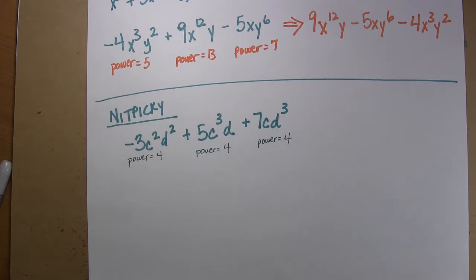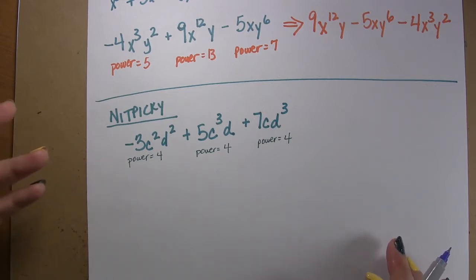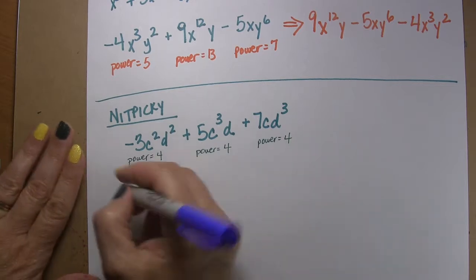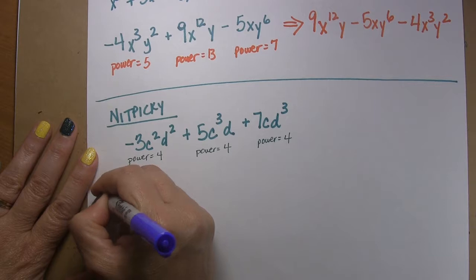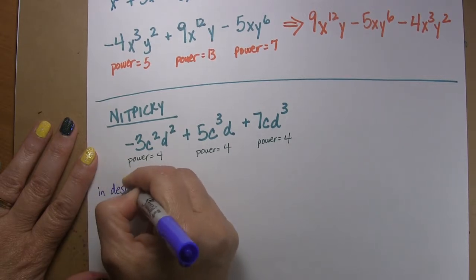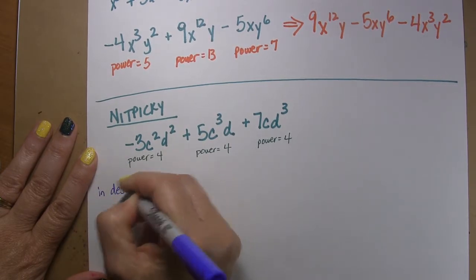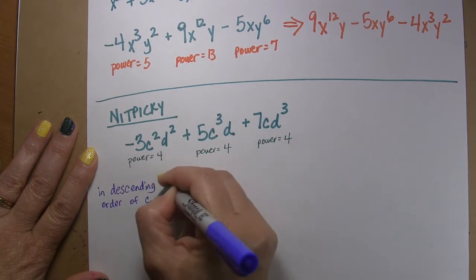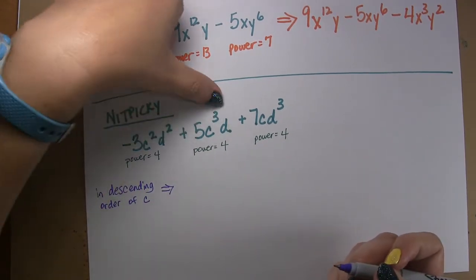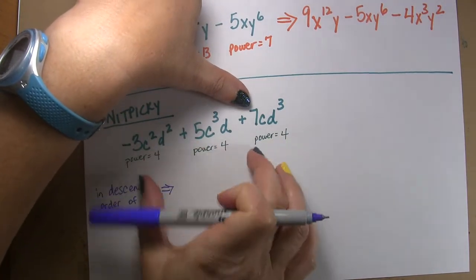And here is where you get a choice. Basically, mathematicians just don't want you to approach this all willy-nilly. They want you to have some sort of approach. So you could do it in descending order of c. And if you did that, you would look at your c terms, all of your 4 terms.